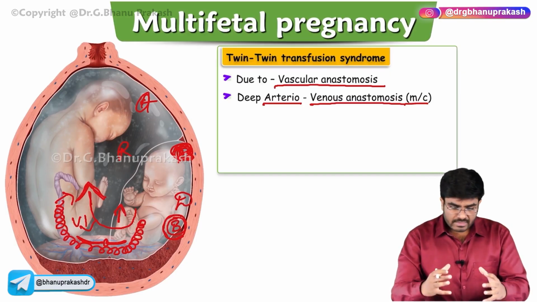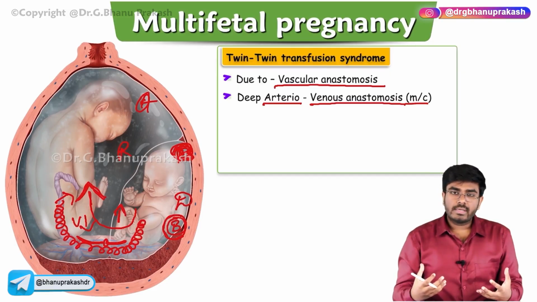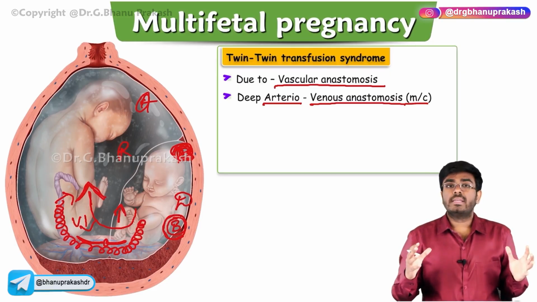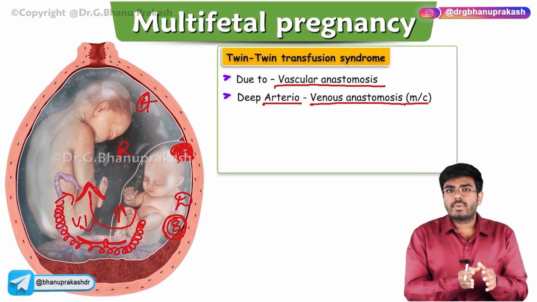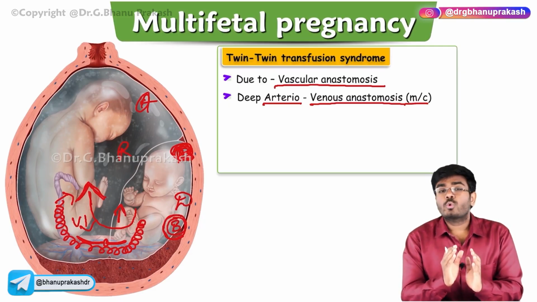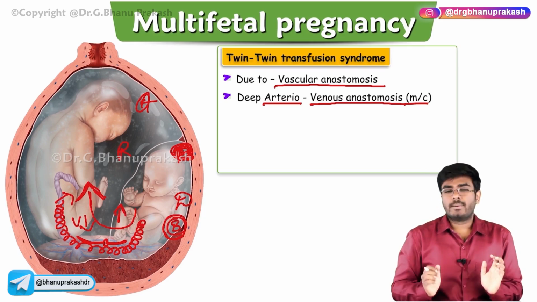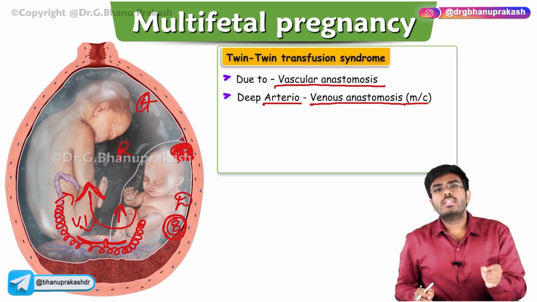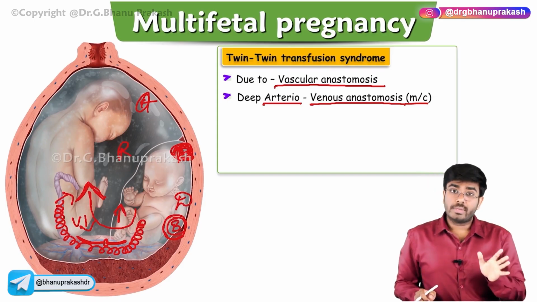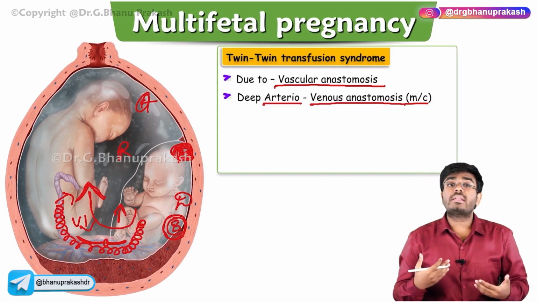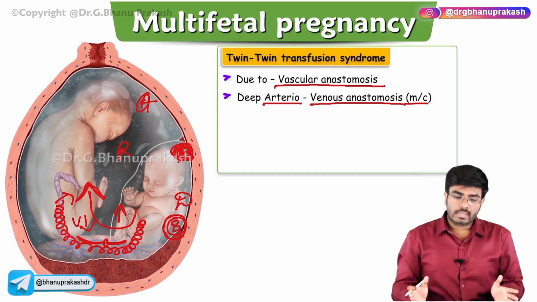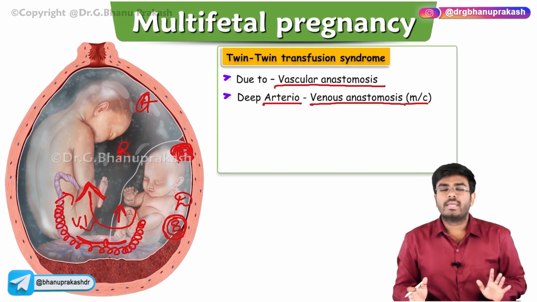As one baby is getting so much blood, it is growing bigger, larger. As one baby is continuously donating blood, it will have growth restriction or growth retardation. Which baby is going to die? Both the babies are going to die, because one baby receives so much blood that there will be circulatory overload and cardiac failure. The other baby is going to die of anemia.